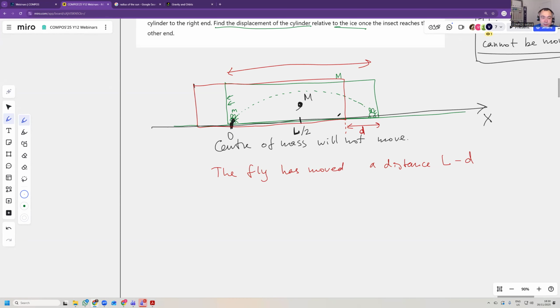So this is the new position of the fly. That wasn't a very good drawing because it doesn't include the shift in position of the cylinder itself.